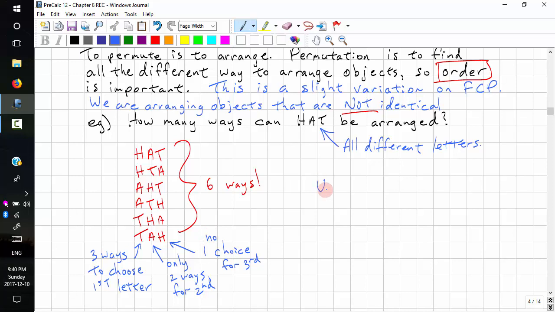And using a chart is okay for small sample spaces, and not good for large.